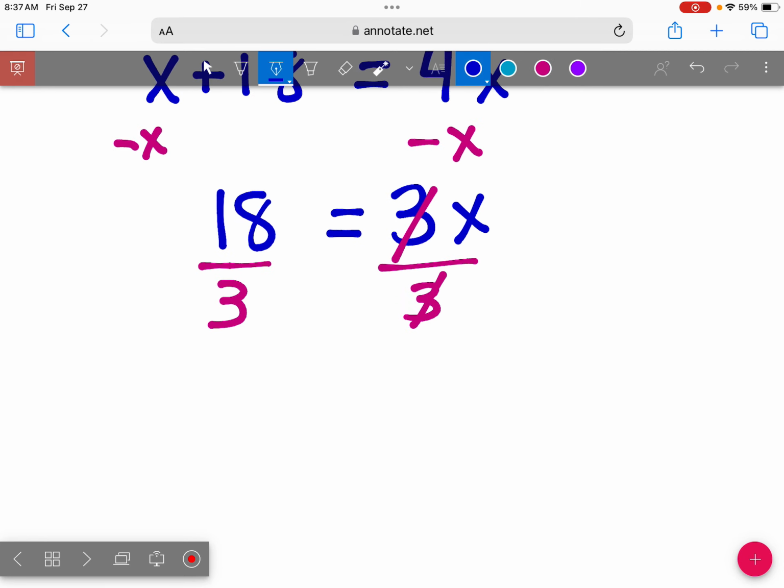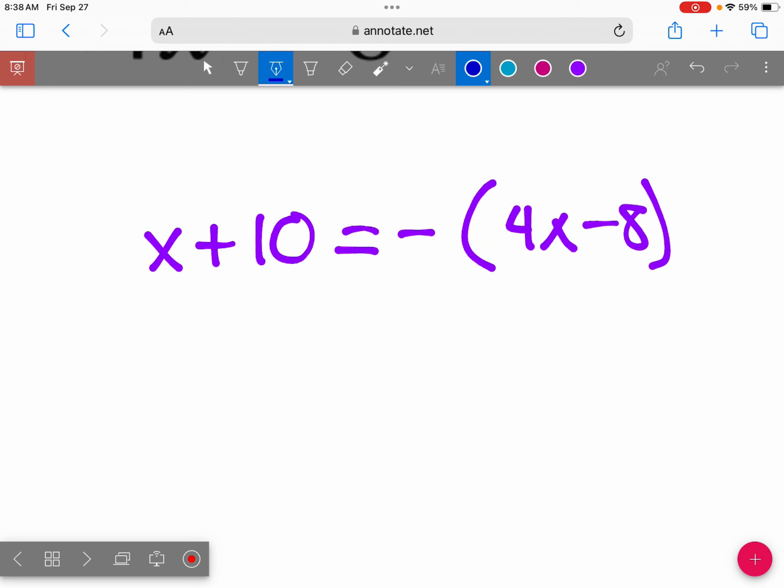So my 3's cancel out over here. We're left with just x equals 6. They can be fractions. Yeah. They're not pleasant and they're not super common, so if we're getting fractions every single time, double check with me. But it can be fractions, and I'll show you how to deal with that for our check.